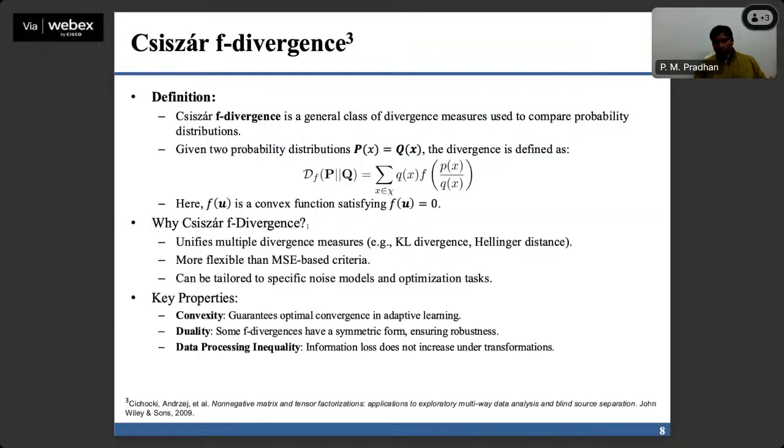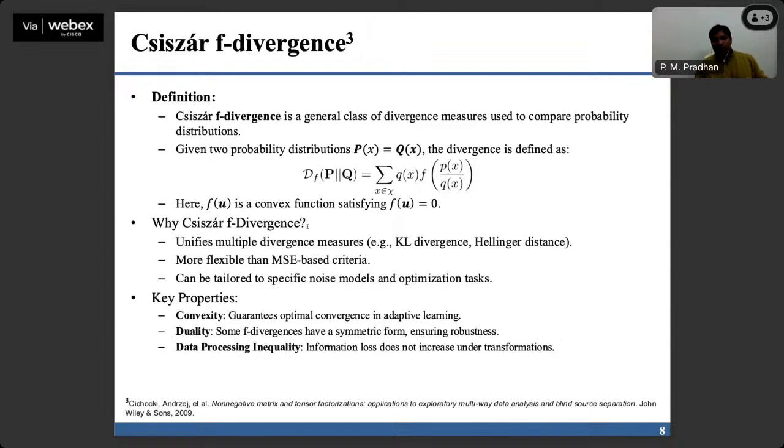The Csiszar divergence is simply defined as the summation of q(x) times some function of the ratio of p(x) and q(x). Okay, p and q are the two distribution functions that we talked about. Now, why is this divergence so popular? It unifies multiple divergence measures.